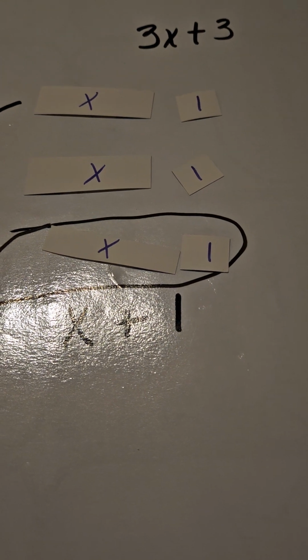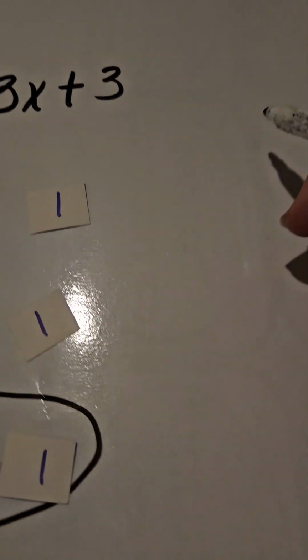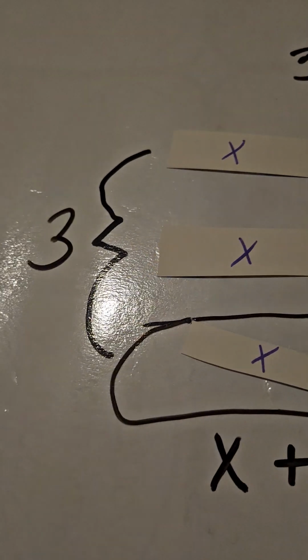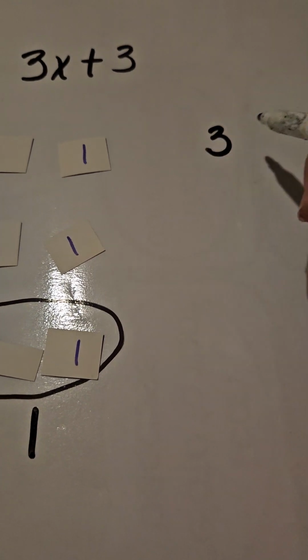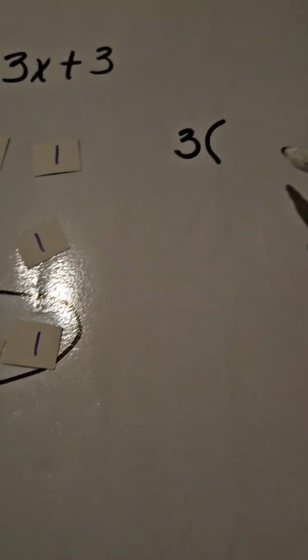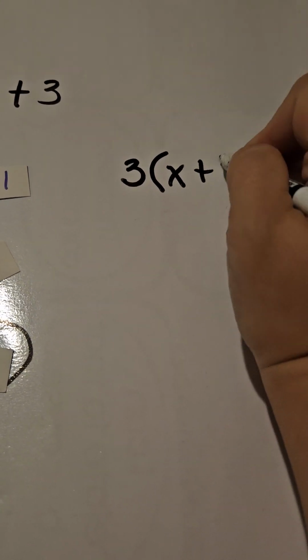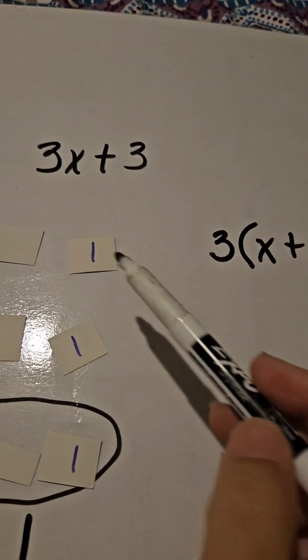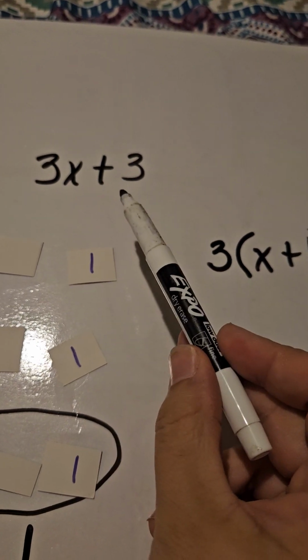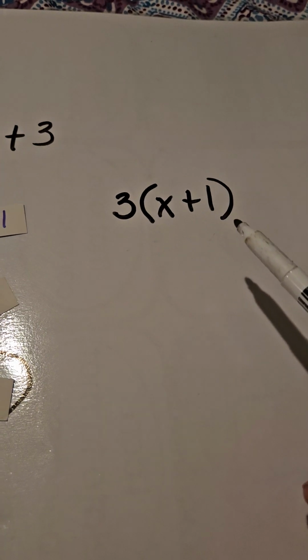So the way I write the factored version of this expression is to first write the number of rows and then what each row includes. So the factored form of 3x plus 3 is equal to 3 times x plus 1.